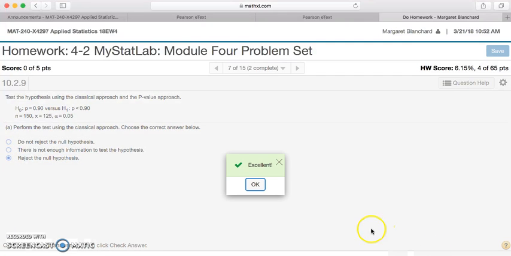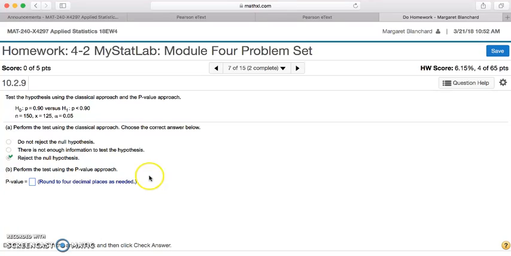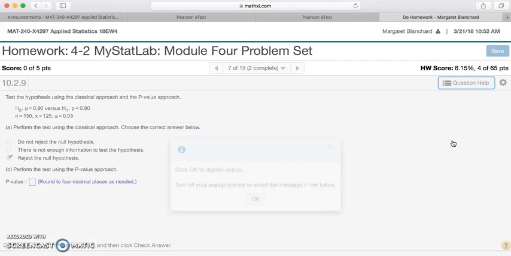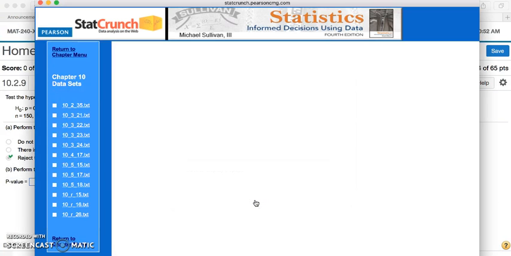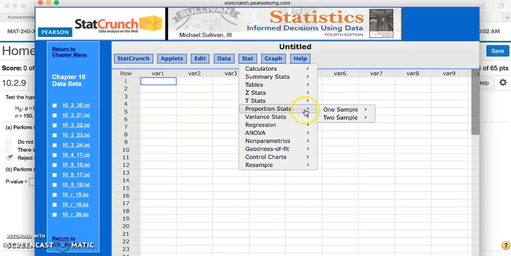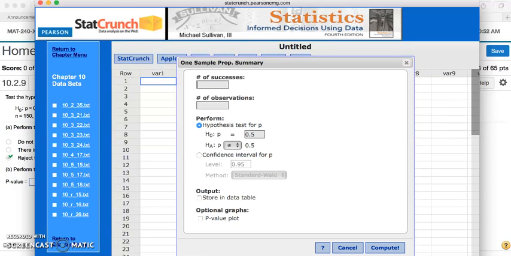Okay, so let's go plug that into our problem and make sure: reject the null hypothesis. Let's check that. Excellent. Next, we're going to perform the test using the p-value approach. It's going to look very similar. We're going to go back to StatCrunch. Even though we had the p-value in our results before, I want to walk through it again just to make sure it's really clear. So you go to Stat, Proportion Stats, One Sample with Summary.